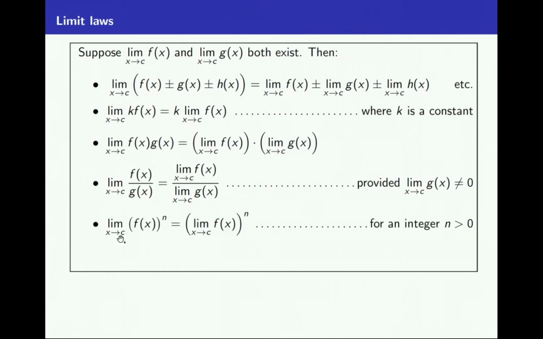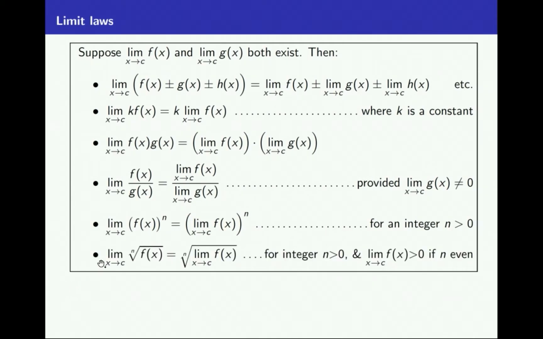The limit as x approaches c of f of x to the power of n is the number limit as x approaches c of f of x raised to the power of n for any integer n. And finally, the limit as x approaches c of the nth root of f of x is the nth root of the limit as x approaches c of f of x.